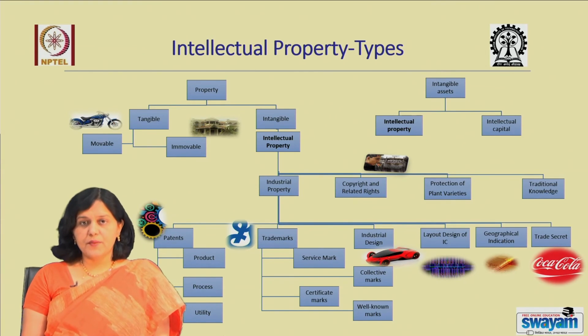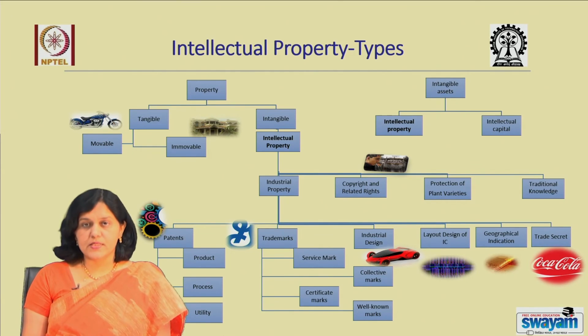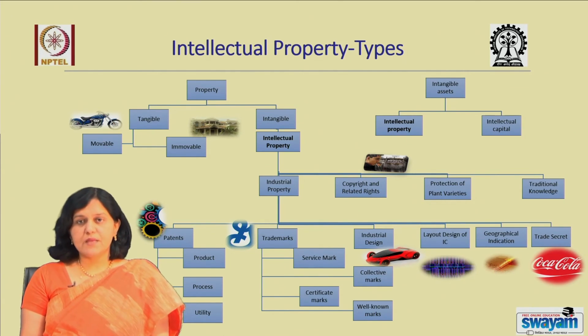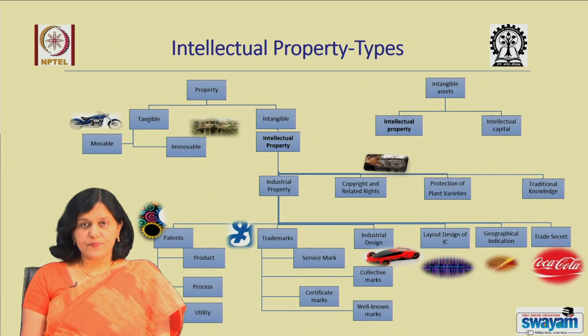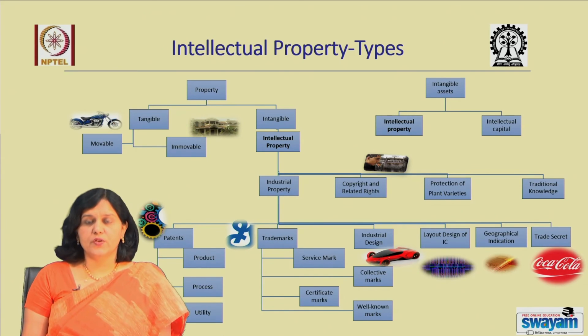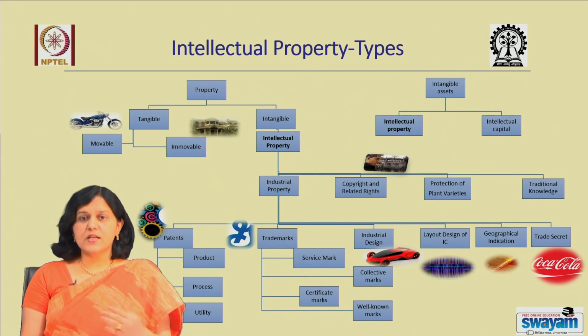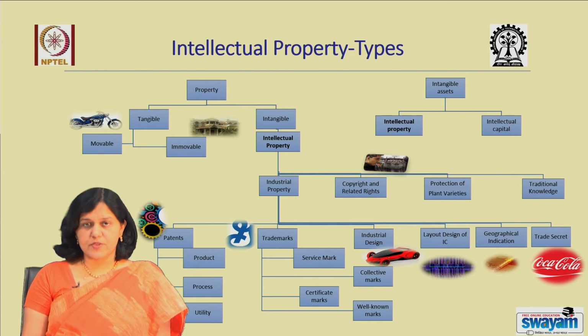It is another type of IP, the protection of plant varieties and farmers' right. The next type is traditional knowledge. It is again a very important area. India is very rich in traditional knowledge, knowledge which is transferred from one generation to another, again a very vast subject.